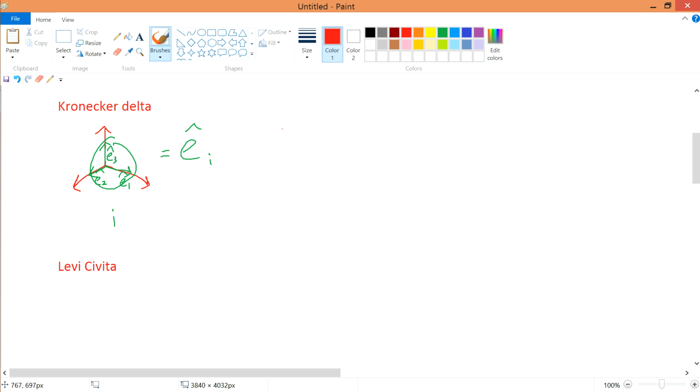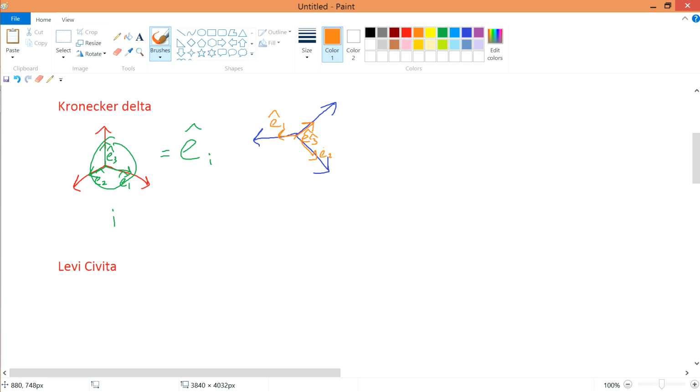In another space, perhaps with some tilting, maybe in a different color, we have another basis vector, E3, E2, E1 hat.